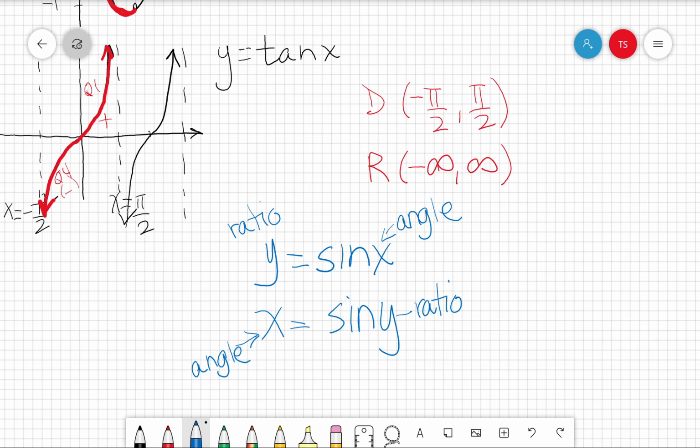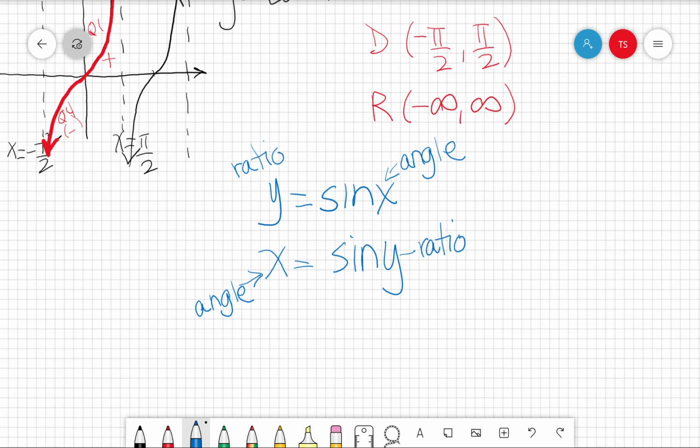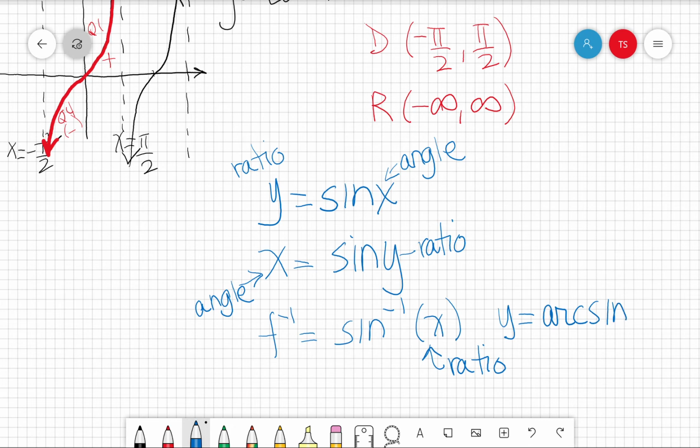Typically we don't say x is equal to sine y. We write this as f inverse is equal to inverse sine x. But in this case, x is the ratio. And another way that we write this is simply y is equal to arcsine x.